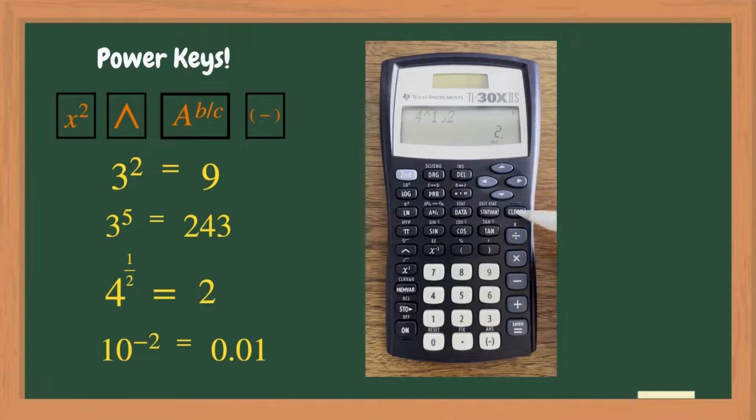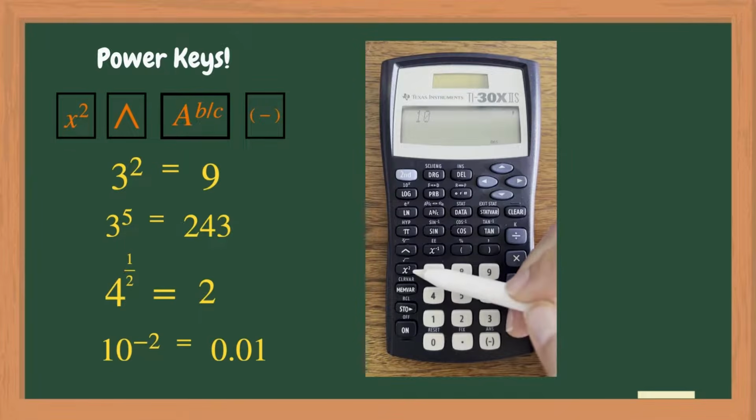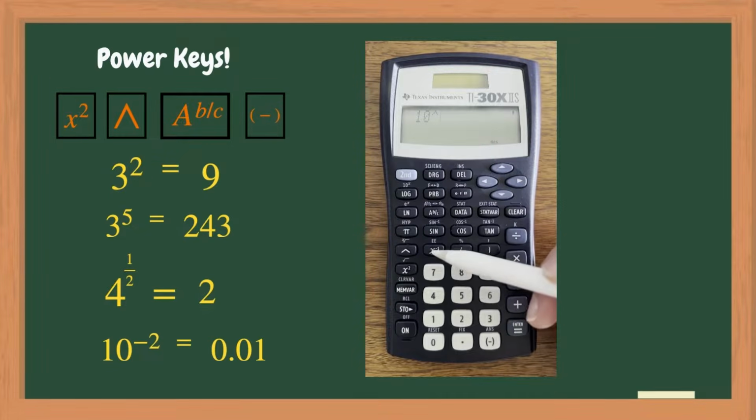Now one more. This time I have 10 to the -2 power. Again, we're going to start by putting our base in first. Now this is a 2 as well, but it is a -2, not a positive 2, and this button you use when you have a positive exponent of 2. I don't have a positive exponent of 2, so I need to use my exponent button.